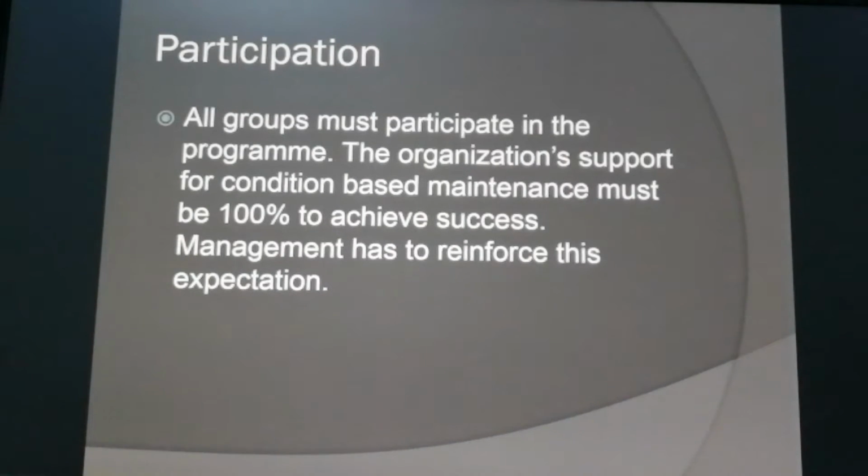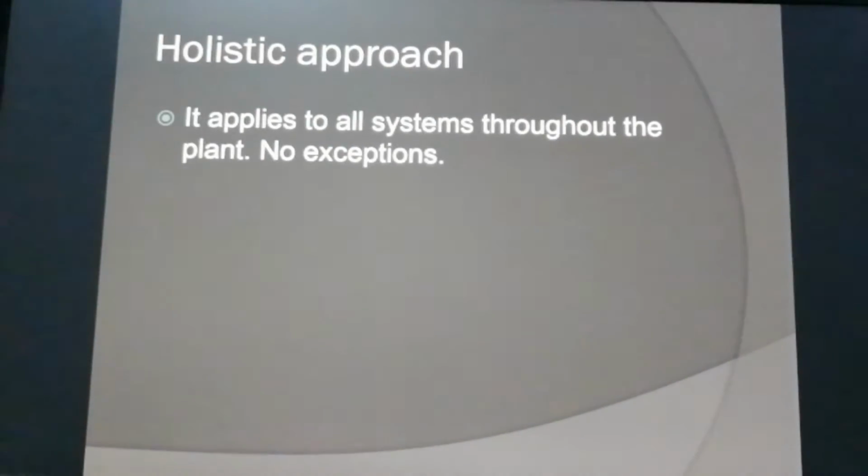Participation: all groups must participate in the program. The organization's support for condition-based maintenance must be 100% to achieve success. Management has to reinforce this expectation. Holistic approach: it applies to all systems throughout the plant, no exception.